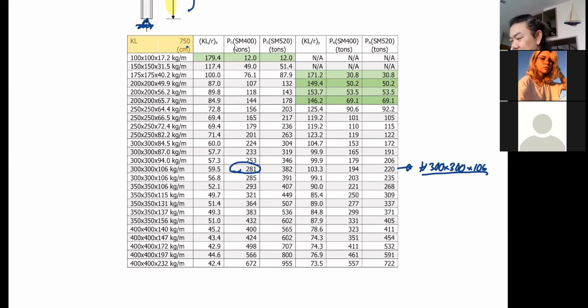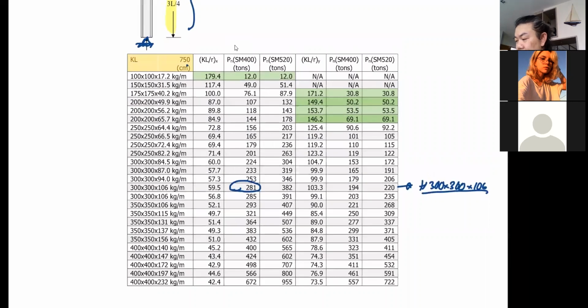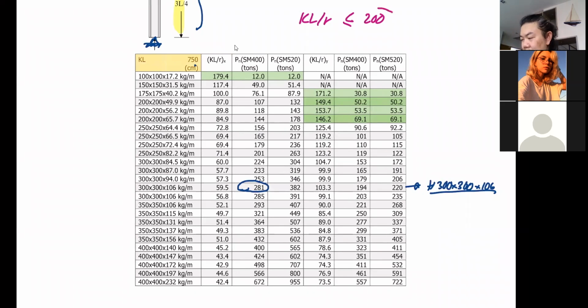Now, I didn't mention this, but I mentioned that for compression member, the KL over R should not exceed 200, right? Have I mentioned that? Okay. So yeah, when you have a compression member, this is your limit. Whatever you have, you should not go beyond the KL over R value of 200.